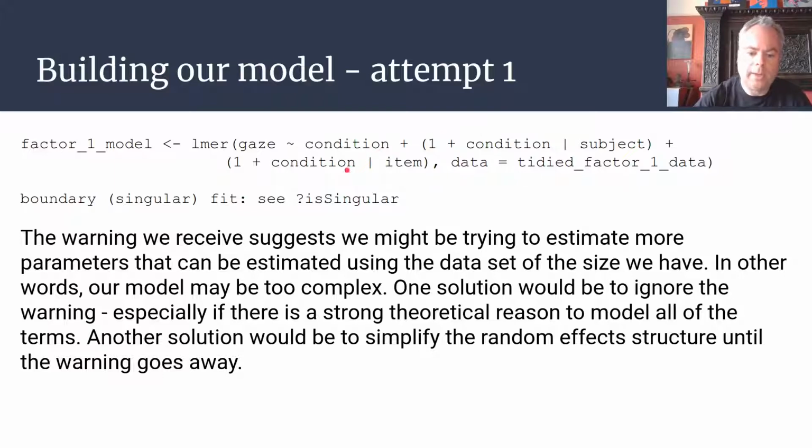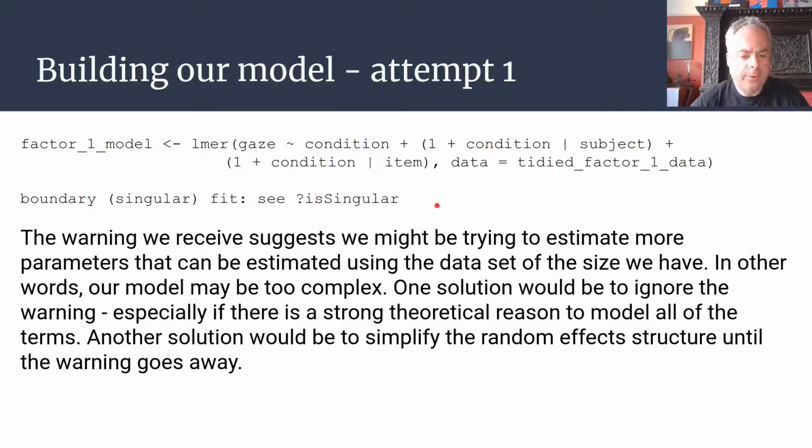We're also modeling the random effect of our items, such that we're modeling an individual baseline for each of our items, and also modeling the fact that the condition differences might differ again for our different experimental items. So if we build that model, what we get is this little warning here, is singular.